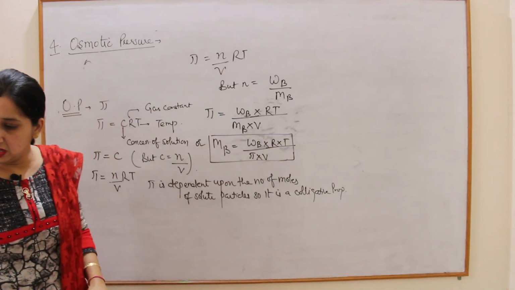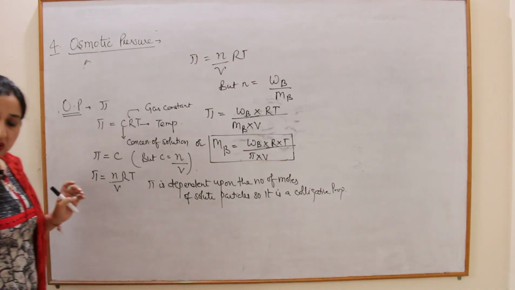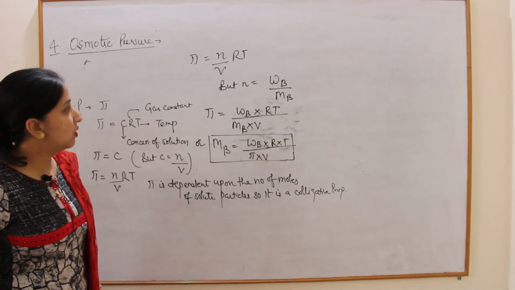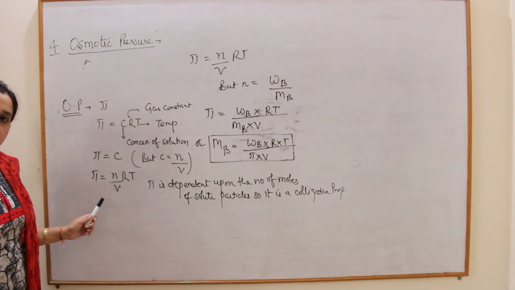So we have done all the colligative properties. What are the colligative properties? First was relative lowering in vapor pressure, second was elevation in boiling point, third is depression in freezing point, and fourth is osmotic pressure.